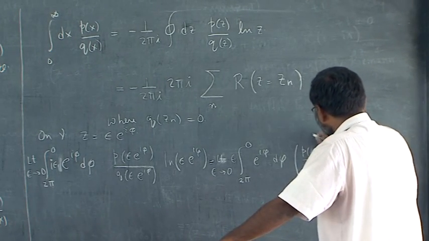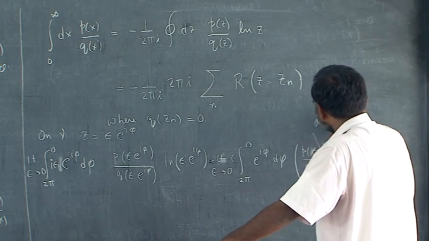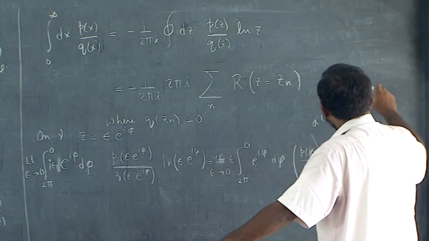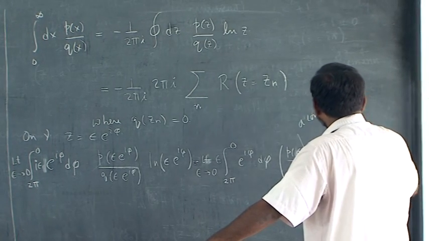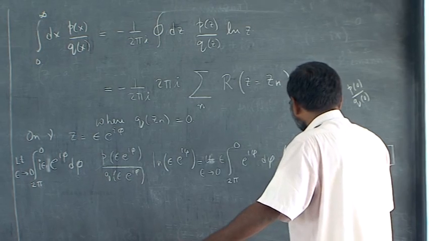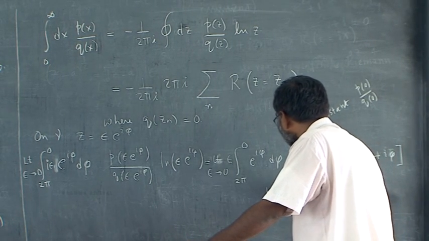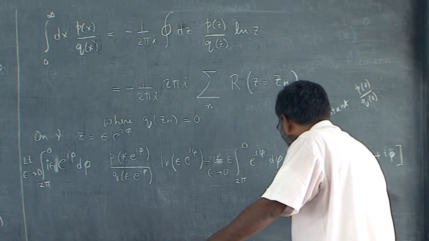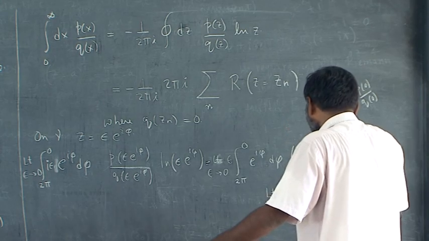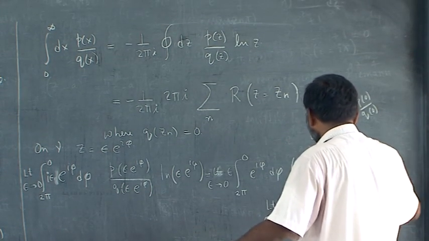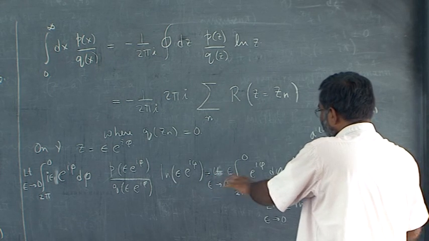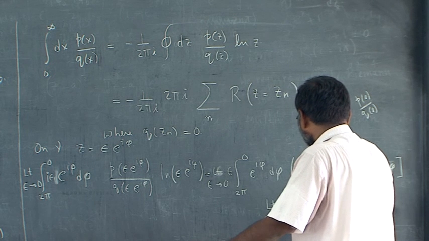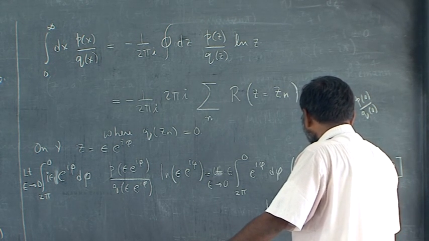Now this term will be something like a constant, P of 0 divided by Q of 0, and you have two terms. One is limit epsilon logarithm of epsilon as epsilon goes to 0, and this is one limit, and the other one is anyway epsilon into i phi, so this epsilon goes to 0. So this also, epsilon logarithm of epsilon will go to 0.